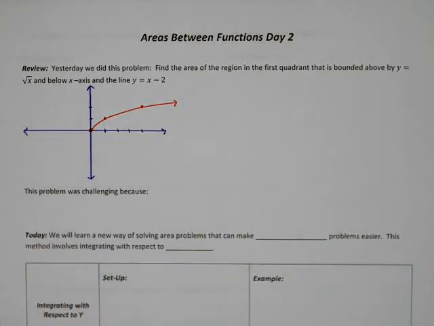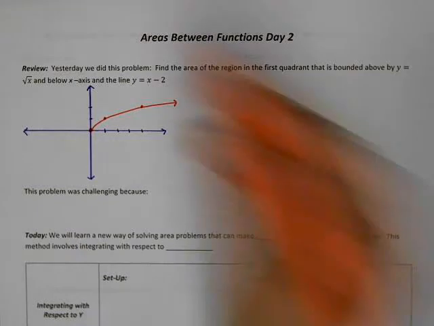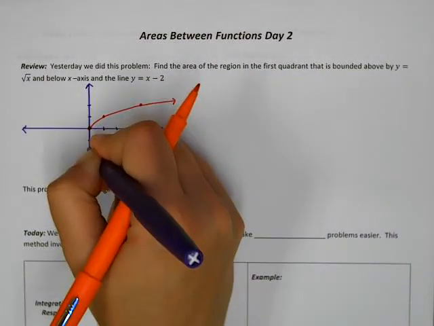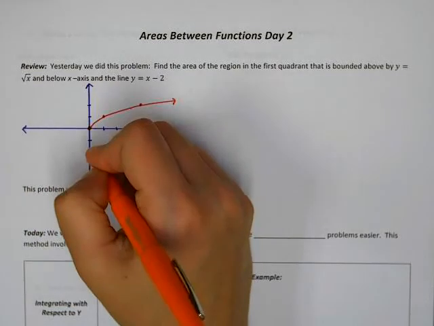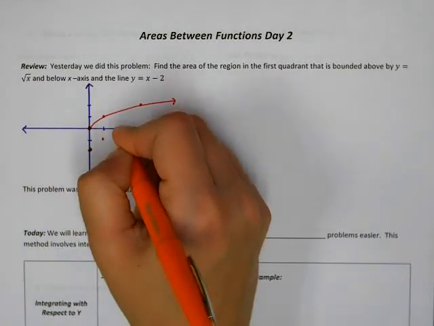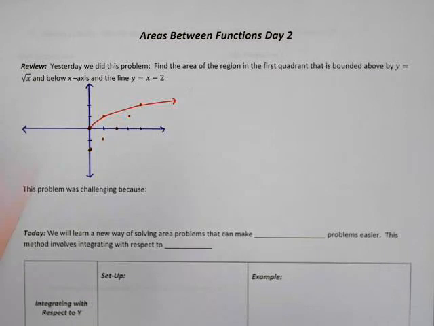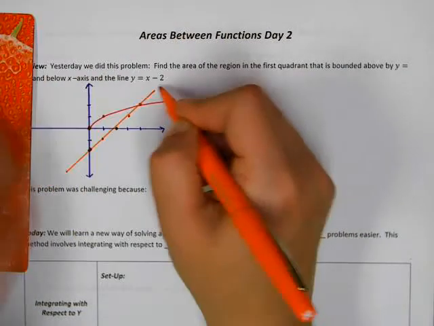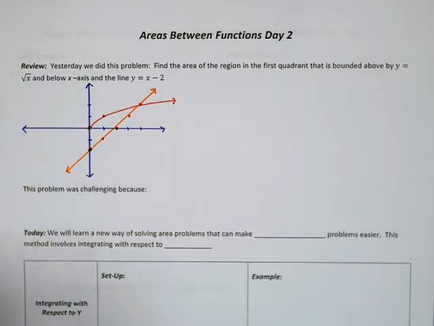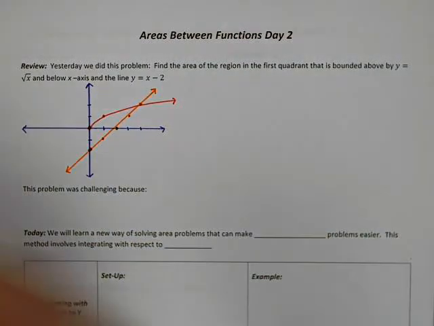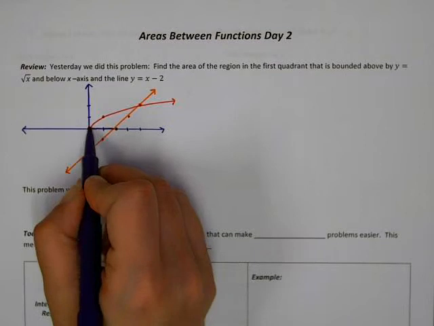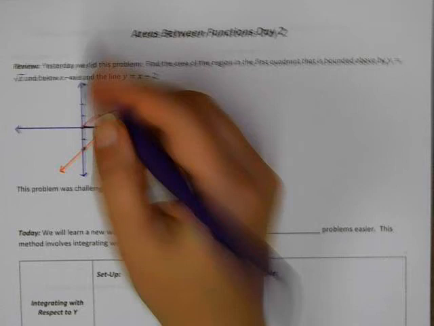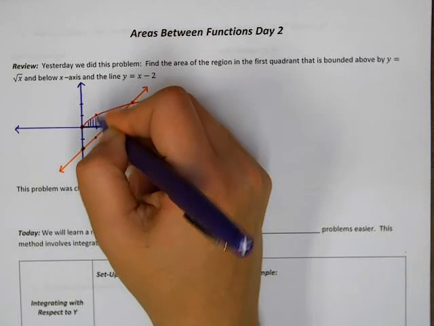The y equals x minus 2 function, which I'm going to graph in orange, starts at -2 and goes up 1 over 1 and eventually intersects with my square root function right here at 4, 2. And since the x-axis was another one of my bounds, if I look for the region enclosed by this x-axis, the red and the orange, it was this region of the graph right here.